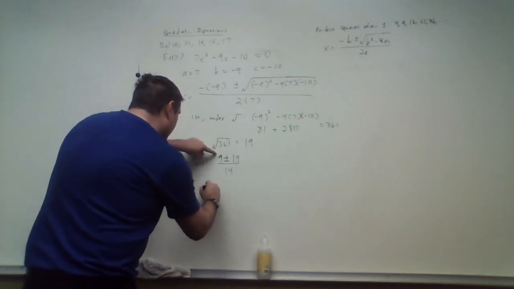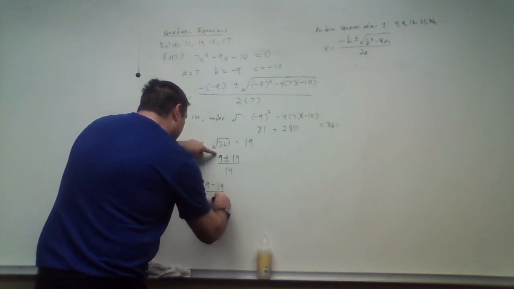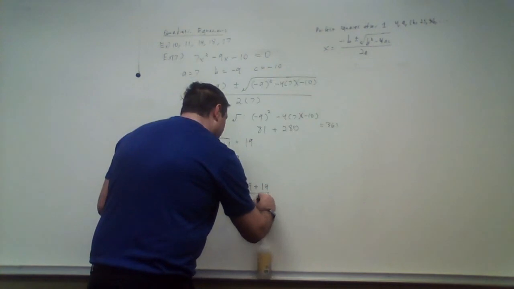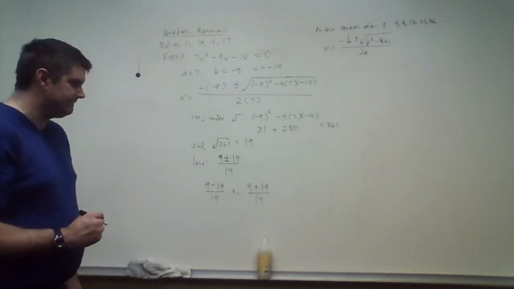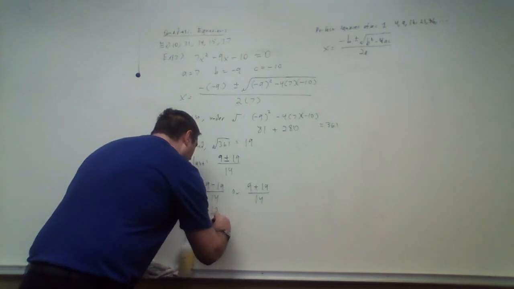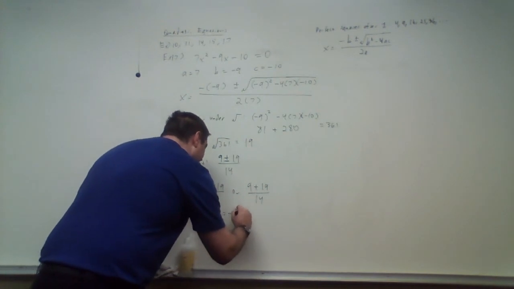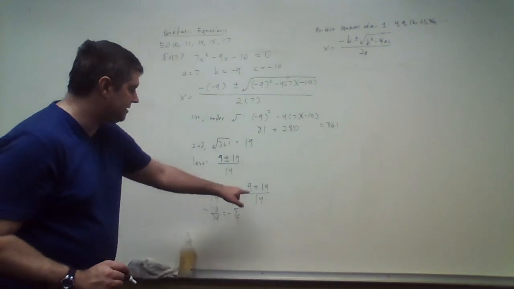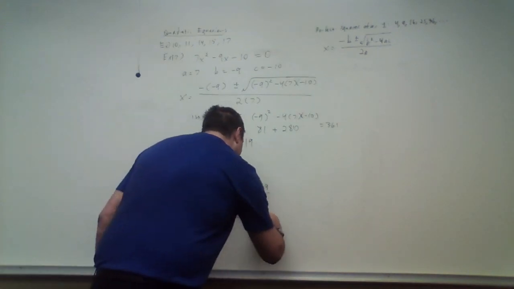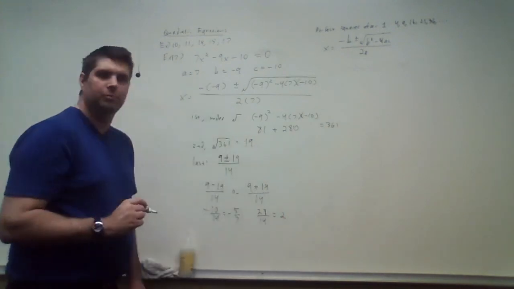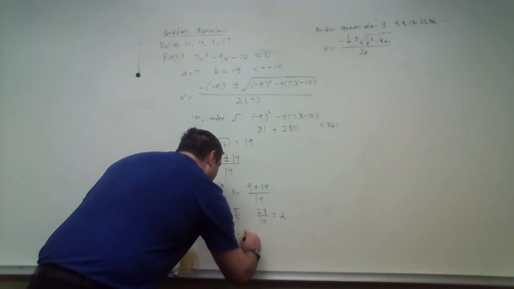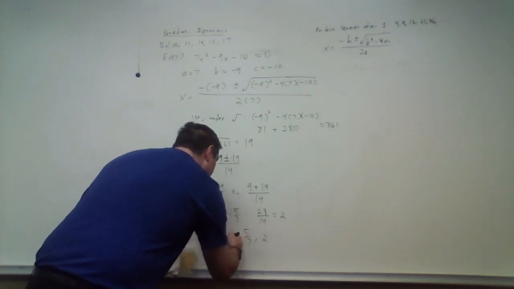So you have 9 minus 19 over 14, or 9 plus 19 over 14. Well, 9 minus 19 is negative 10 over 14, which reduces to negative 5 sevenths. 9 plus 19 is 28 over 14, which evenly divides as 2. So x equals negative 5 sevenths and 2.